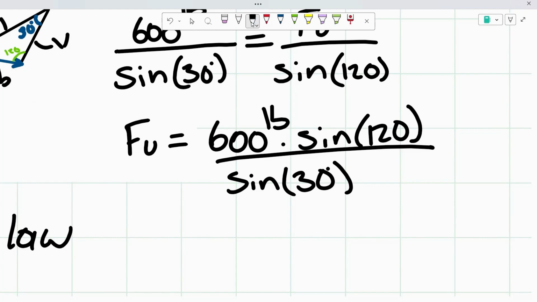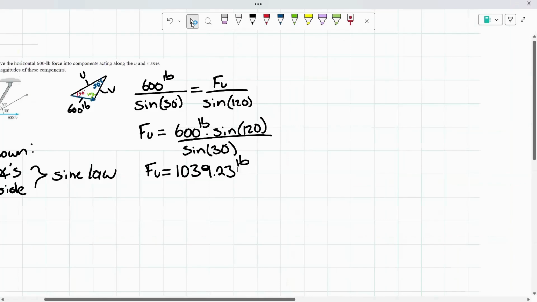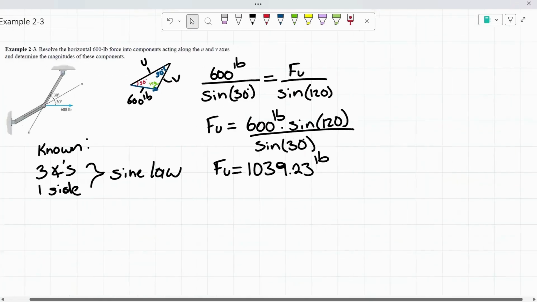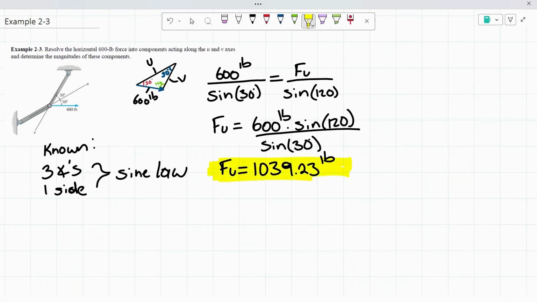So 600 times sine of 120 all over sine of 30 should give you F of U of 1,039.23 pounds. So that right there is the magnitude of the U component. That's part of the answer.